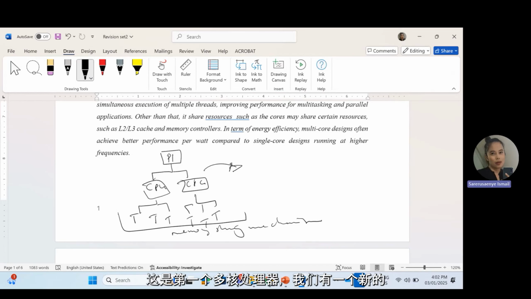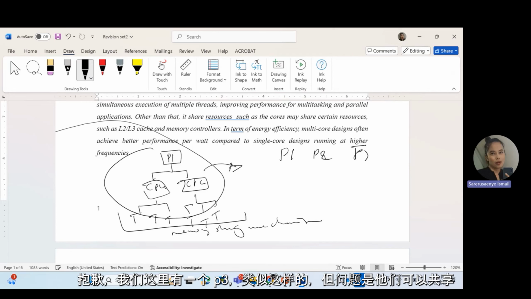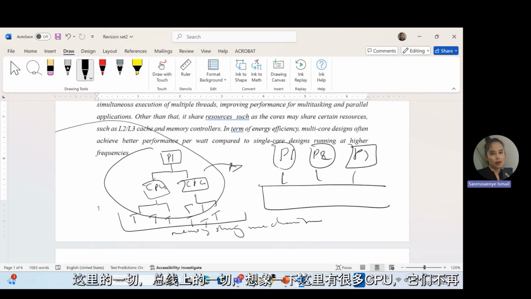Then we have a new technology of a processor. They copy all of this. We have P1, P2, P3 in here, similar like that. But the thing is, they can share everything in here, the bus, everything. And imagine they have many CPUs in here.